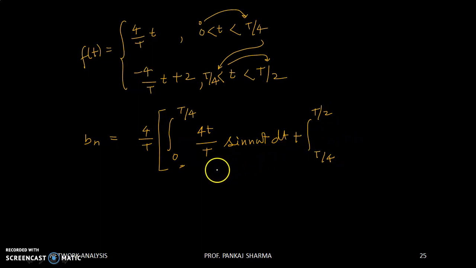In between 0 to T by 4, the function is 4t by T, and in between T by 4 to T by 2, the function is minus 4t by capital T plus 2, sine of n omega t dt.